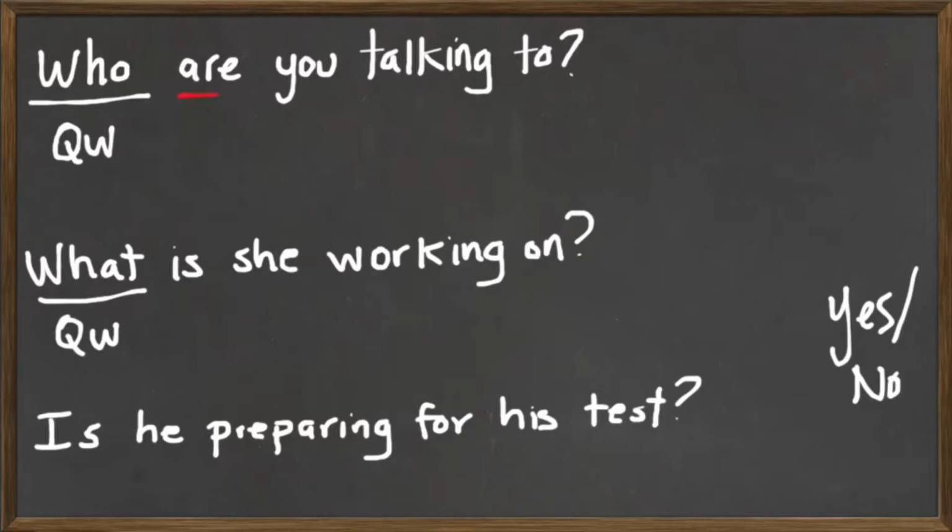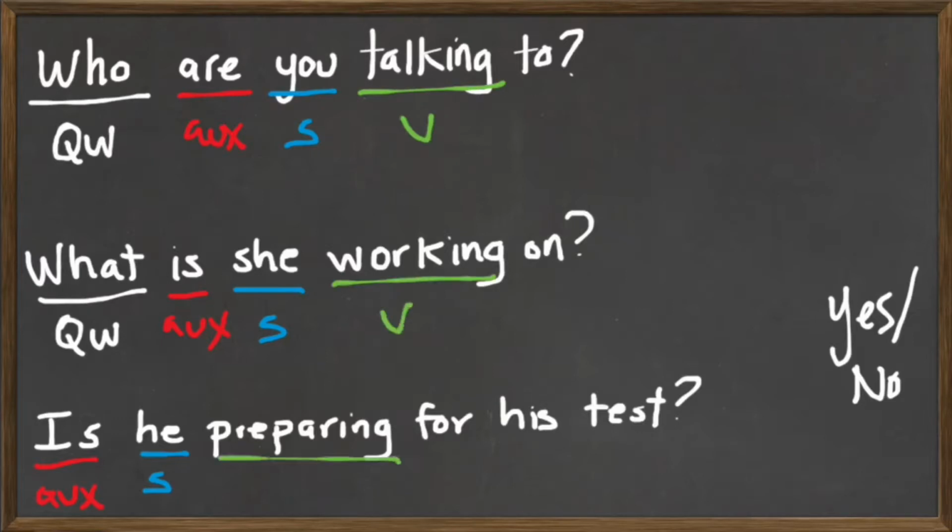Yes, the verb to be is present. We have are, we have is, and we have is too in the third example. Subject: we have you, she, or he. Do we have a verb plus ing? Yes, we do. We have talking, working, and preparing.